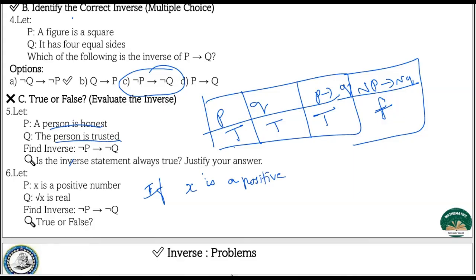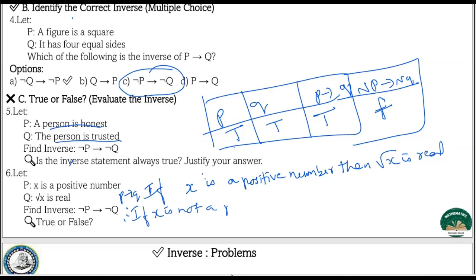If x is a positive number, then root x is real. This is P implies Q. Then negation P implies negation Q will be: if x is not a positive number, then root x is not real.